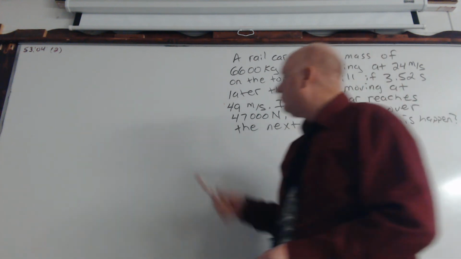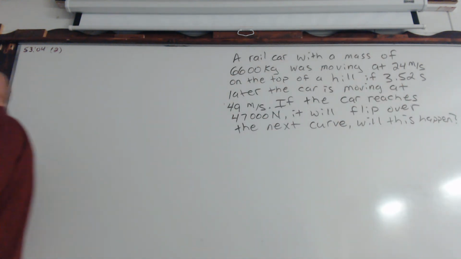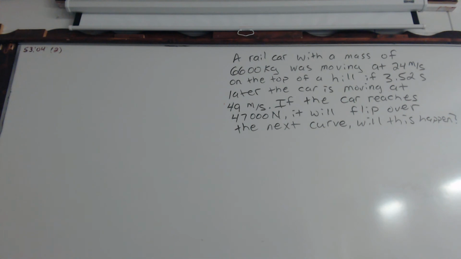So now, this is a problem. You're making a comparison. The 47,000 is something you're only comparing it to. Because sometimes this can get to be a problem. Maybe it's with a runaway train.